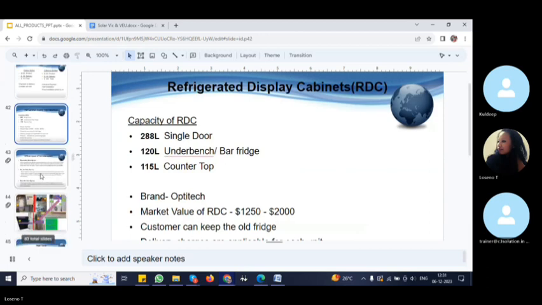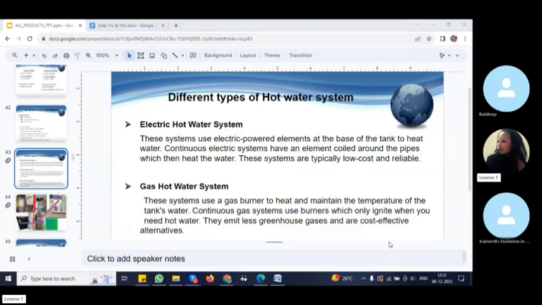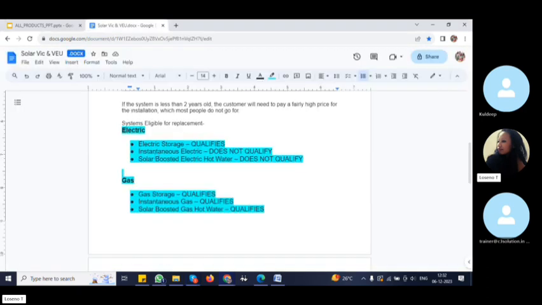Actually, we already finished this discussion yesterday, but since you were not there, before we jump into it, what we are doing here is looking for customers who have the systems Diana has been discussing, which systems are eligible and which are not. All right, so different types of systems. We are looking for this type of systems to qualify the customer for the upgrade.